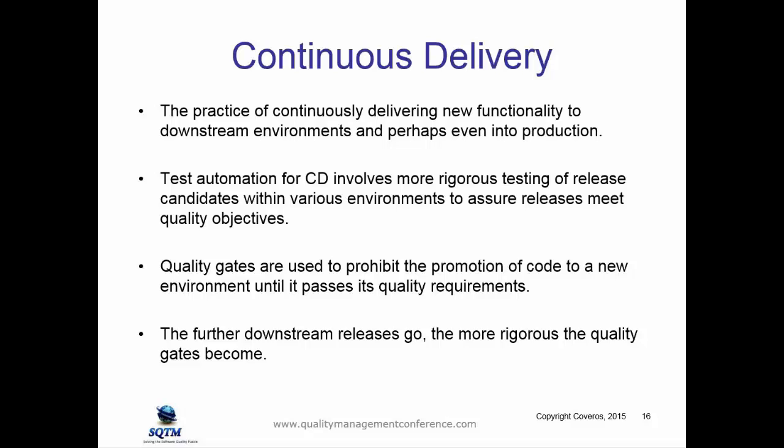The second use case is what's typically called continuous delivery. And this is the practice of continually delivering new functionality downstream and maybe even into production. That's called continuous deployment. You'll see those two sometimes used interchangeably, but continuous deployment really is focused on continually deploying out to production.